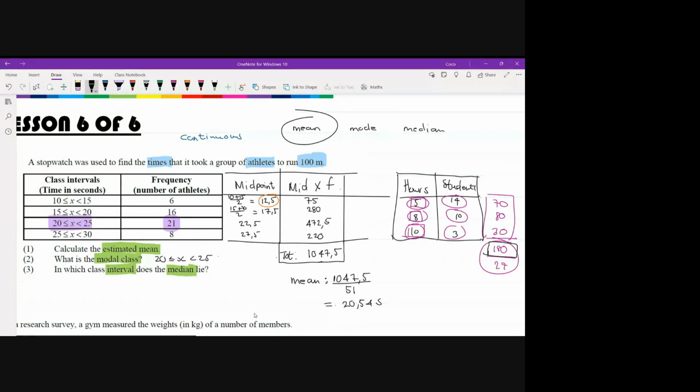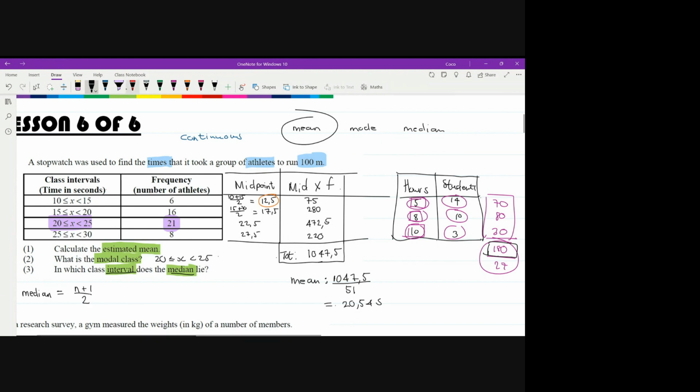Okay, and then again, you will note when they ask for the median, they ask you in which class interval would the median lie. Now, I want us to learn a new formula. I'm sure many of you are very aware of it. When we're calculating the median, we can use the formula n plus 1 divided by 2.